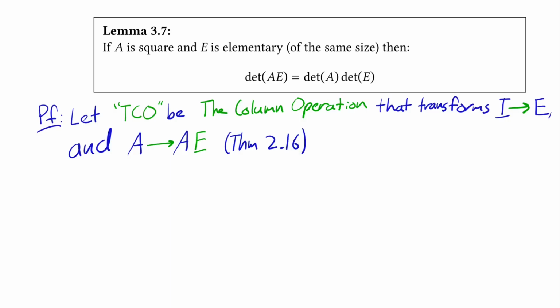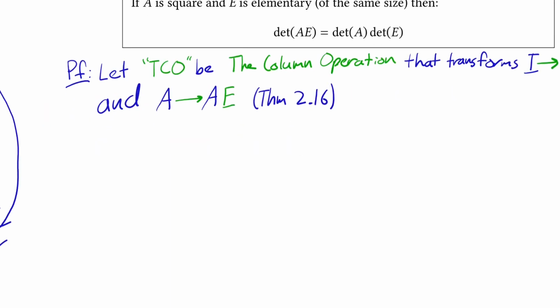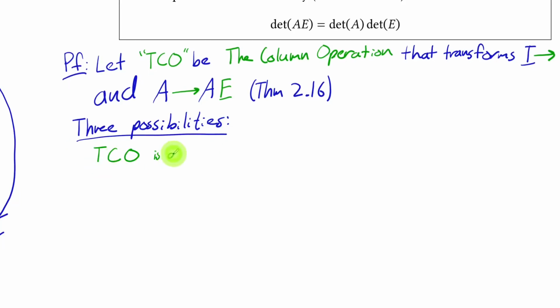Now, let's think about what the three possibilities for the column operation are. One thing is that the column operation might be a swap, swapping two columns.